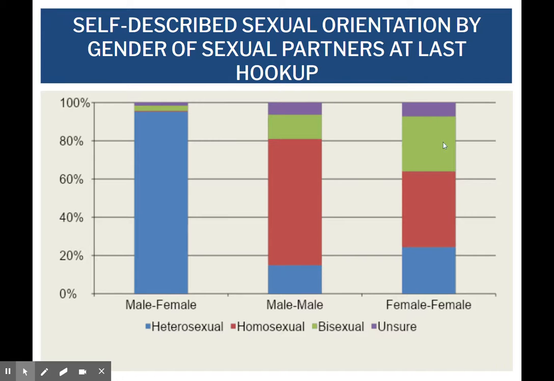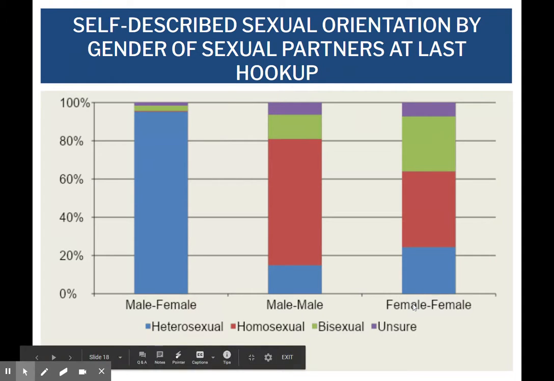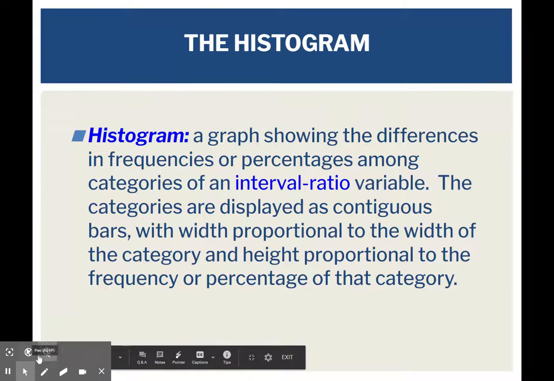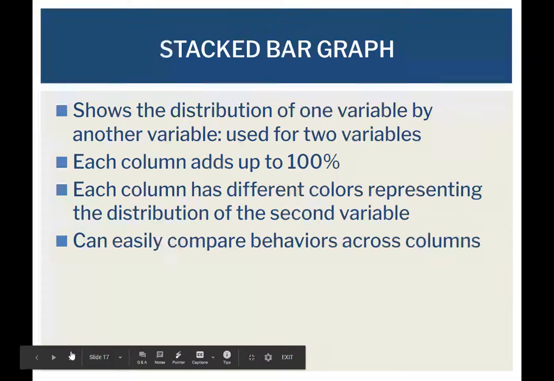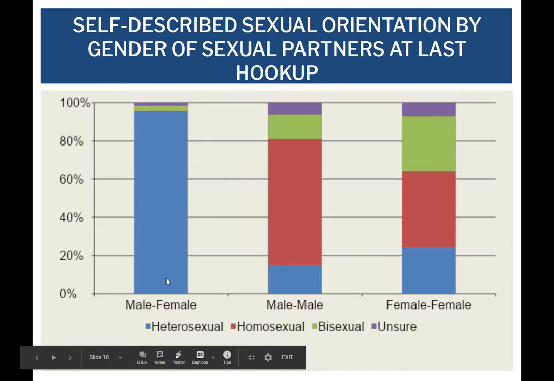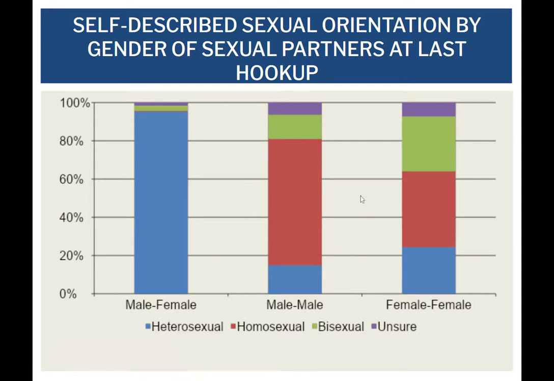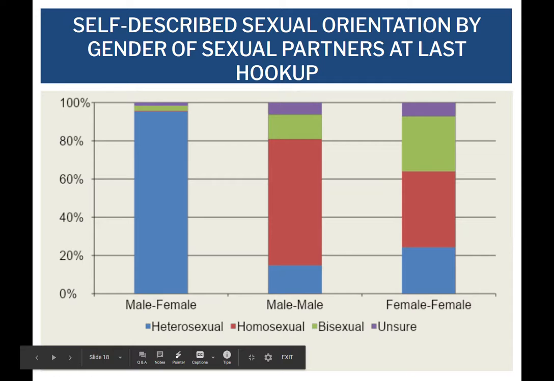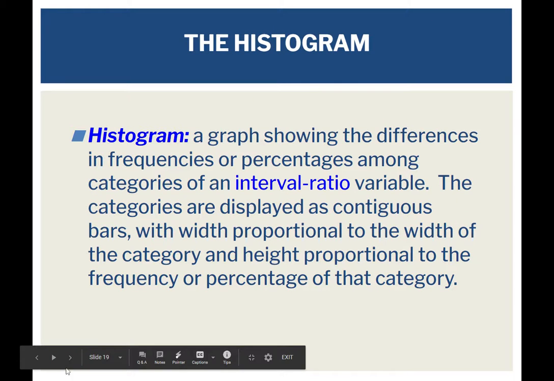A lot more of the bisexual category, a bit smaller of the homosexual category, and a little bit bigger of the heterosexual category. So these stacked bar graphs allow us to compare different variables in different ways. We're able to see a lot of frequencies and a lot of information in a pretty simple, straightforward manner.